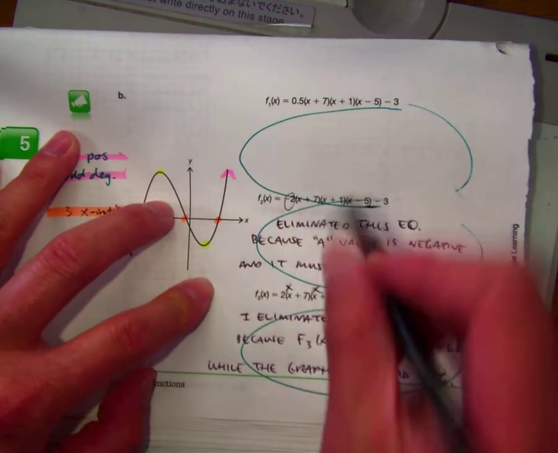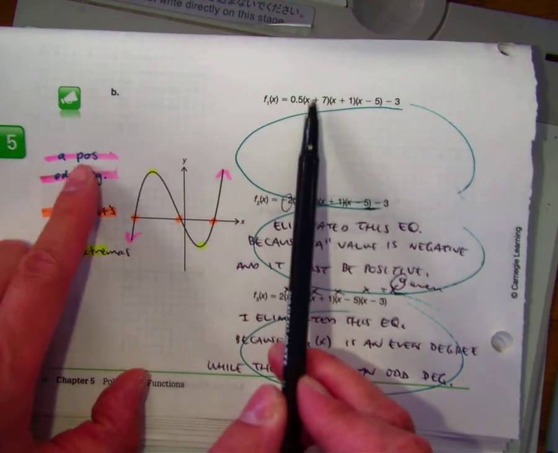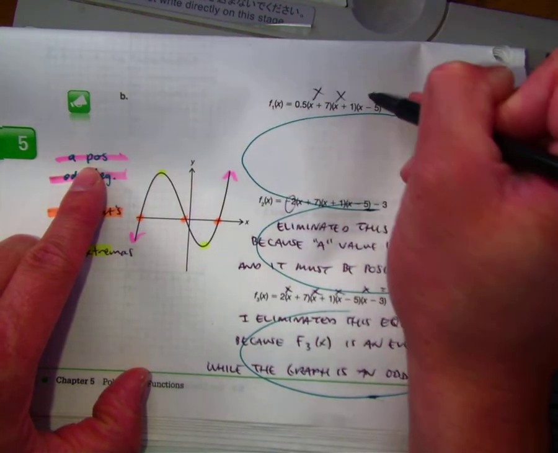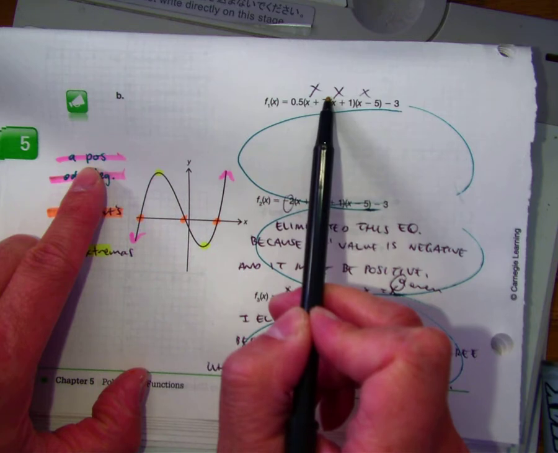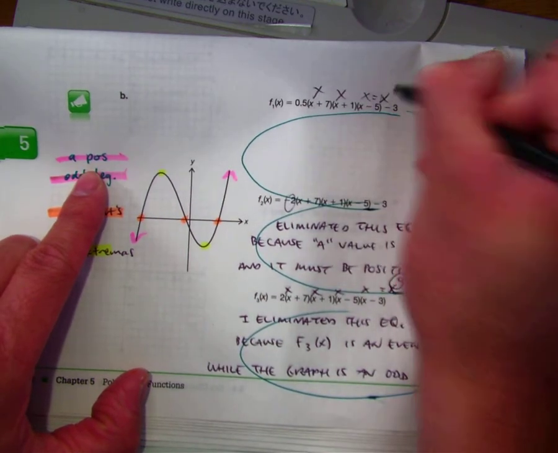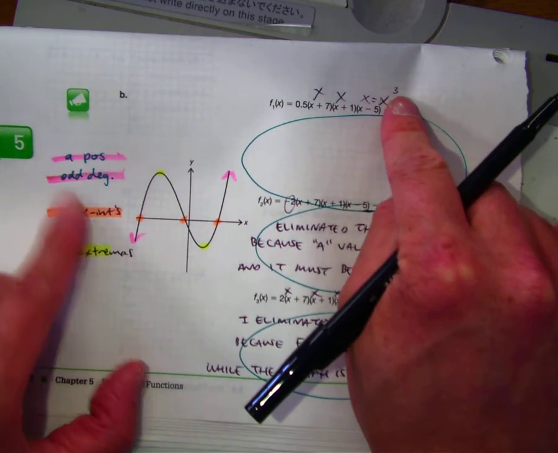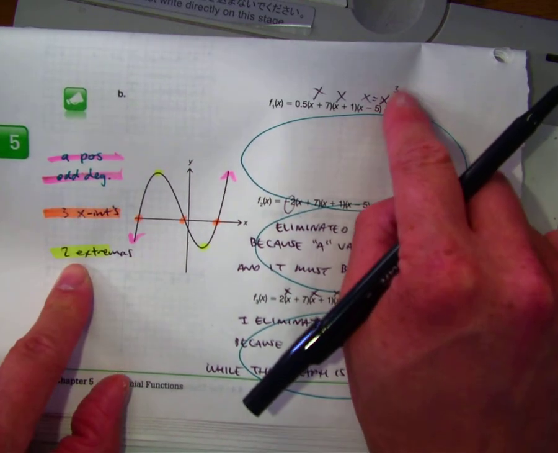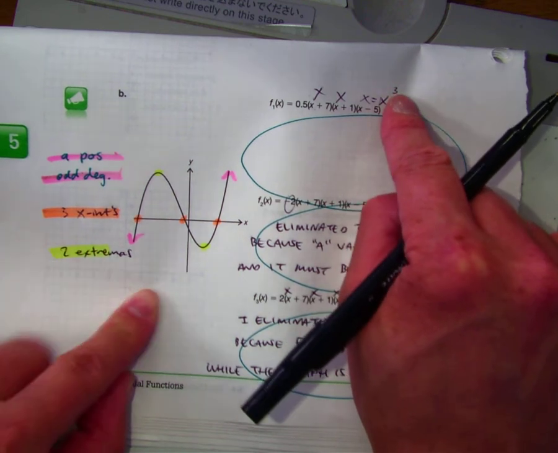So that means over here, the first one, our A value is positive. I have 3 x's there, no exponents, so x times x times x is x to the 3rd. I have 3 x-intercepts, that matches it. I need extrema less than this number too.